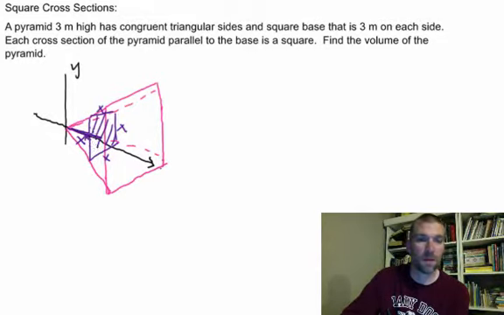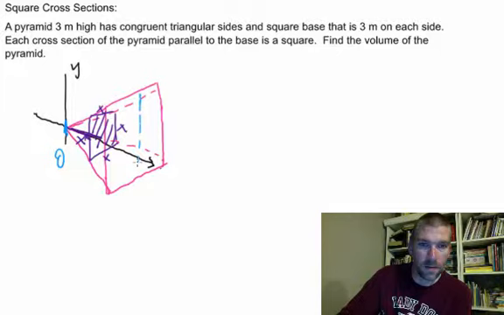So we've got these straight lines all coming off all over the place. And we're told that our pyramid is 3 meters high. So if this is 0, this right here where our last line is, is 3. So we know we're going to integrate from 0 to 3.